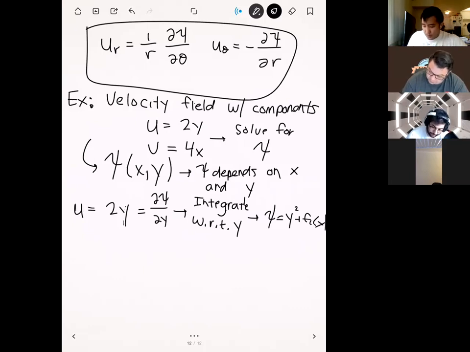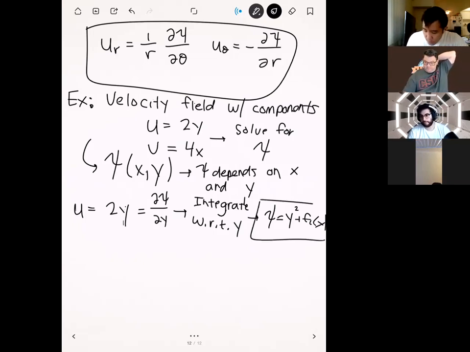And since we just integrated in y, we have to add an additional function here, and our additional function is going to be a function of x, right? Because remember, since psi is a function of x and y, if we just simply integrate with y, we haven't taken account for x yet. So what we get from performing this first integral is that psi is equal to y squared plus f1 of x.